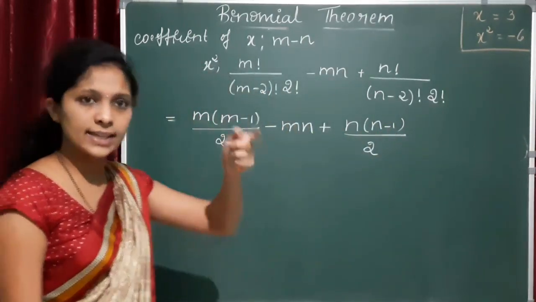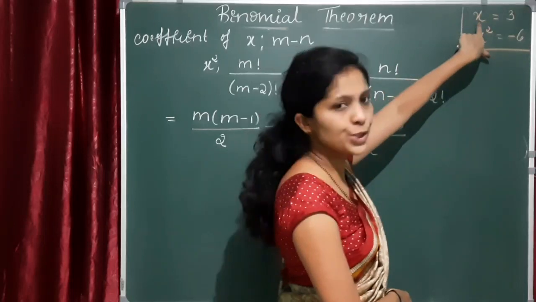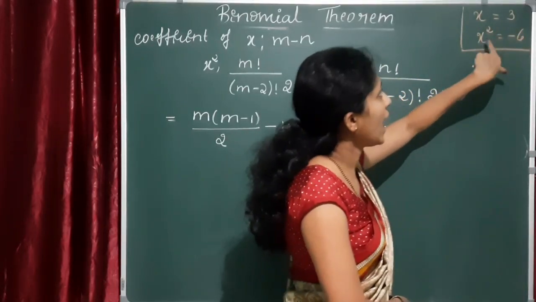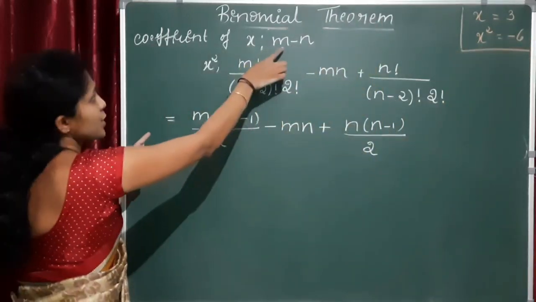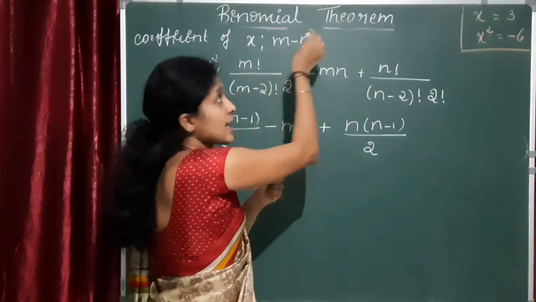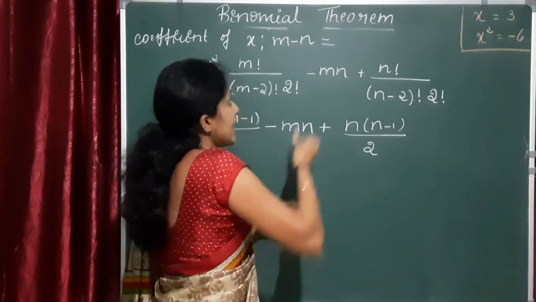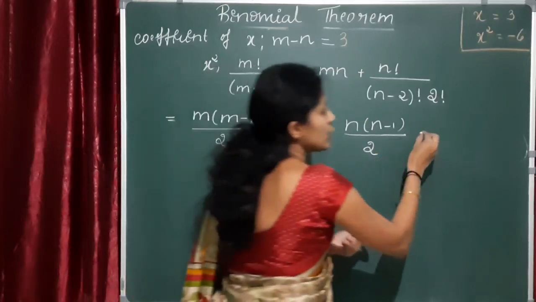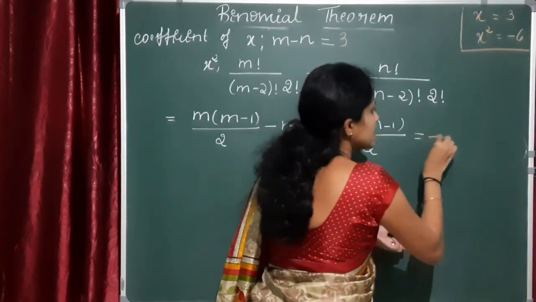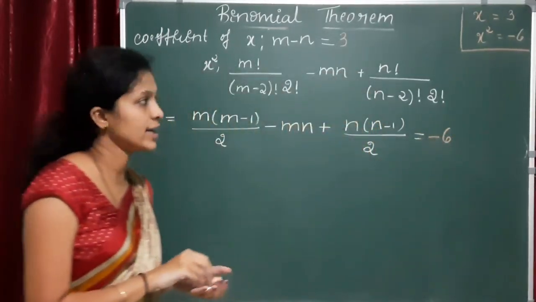And one more thing, the question itself gives that the coefficient of x is equal to 3 and the coefficient of x square is equal to minus 6. The coefficient of x we got as m minus n, so I can write this as 3, it is given. Now this will simplify and this coefficient is given as minus 6. Is it clear?